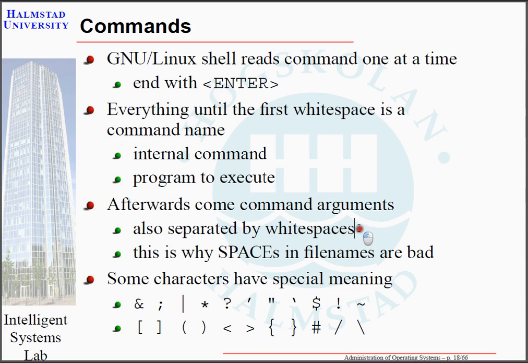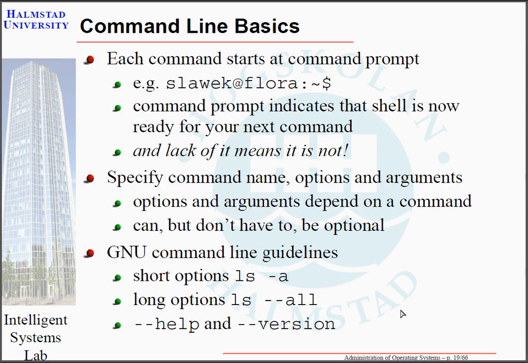So you can have multiple arguments, and everything is separated by white spaces. This also shows you why spaces in file names are bad, because then the computer doesn't know if it's one file with a space in the name or if it's supposed to be two different arguments. And again, some characters have special meaning. We will come back to this later in the course.